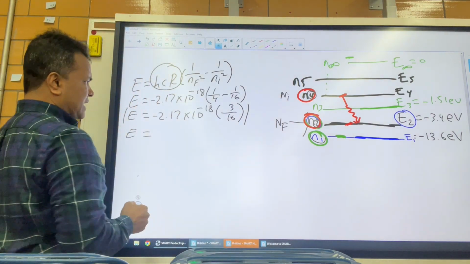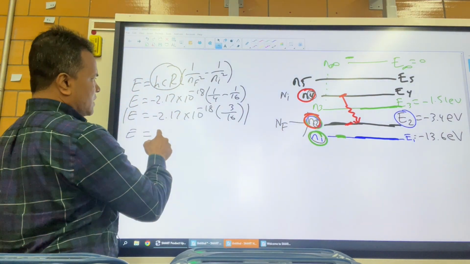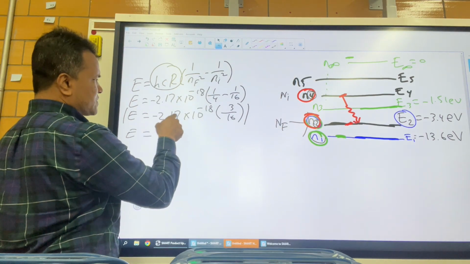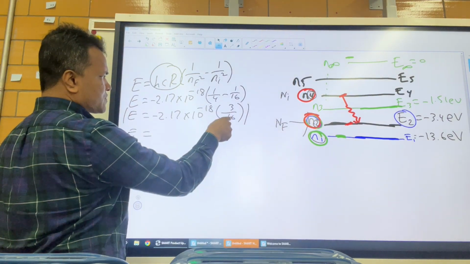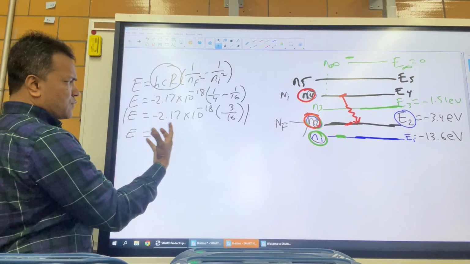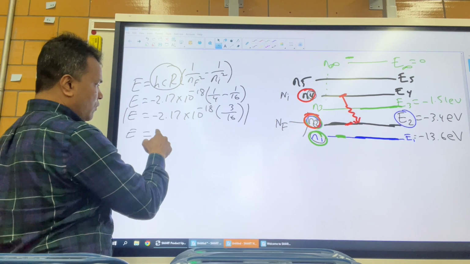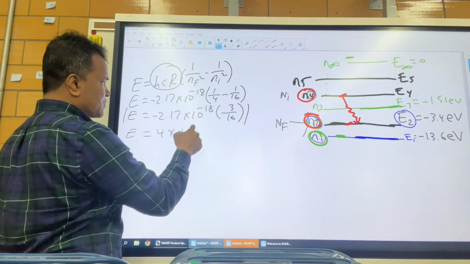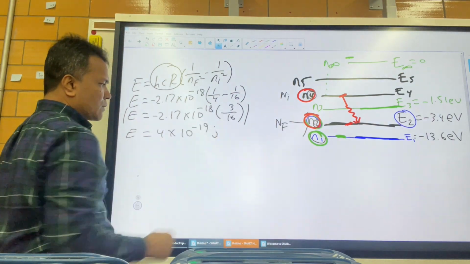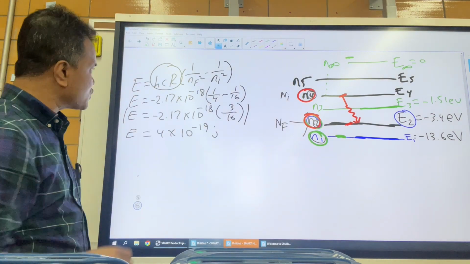So we're going to take the absolute value. This 2.17 times 3 over 16 is 0.4, so 0.4 times 10 raised to negative 18. And then we're going to write 4 times 10 raised to negative 19 joule. Okay, this is step 1.